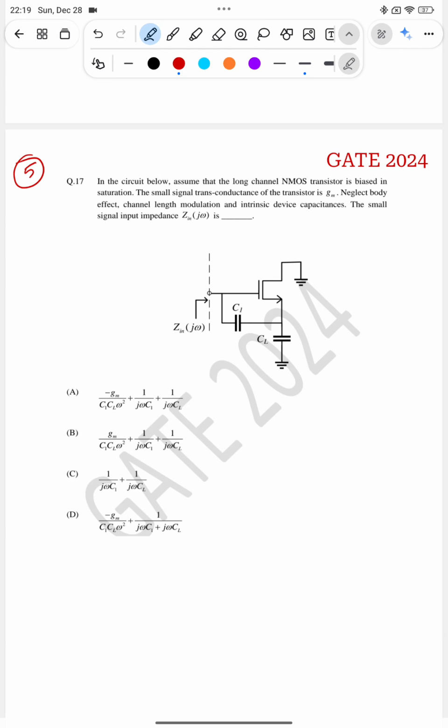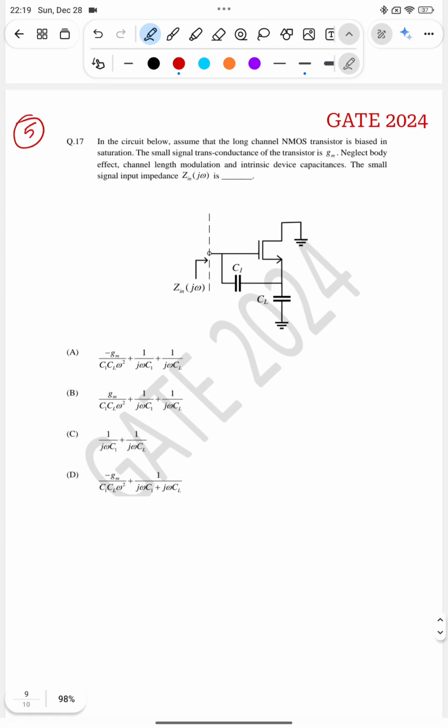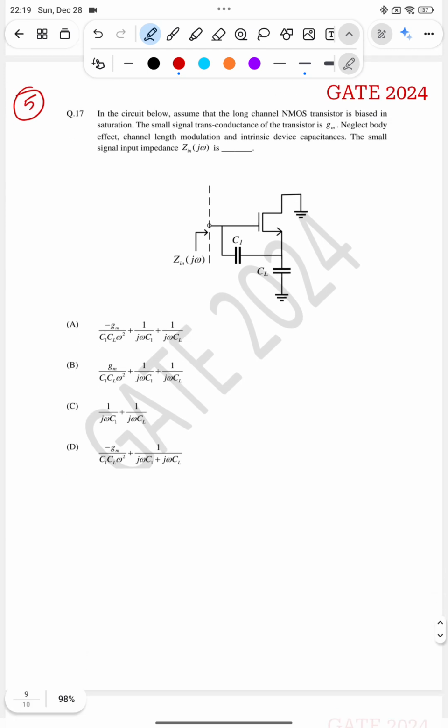This fifth question is from GATE 2024. So we'll see the question. In the circuit below, assume that the long channel NMOS transistor is biased in saturation. So the transistor is in saturation region.